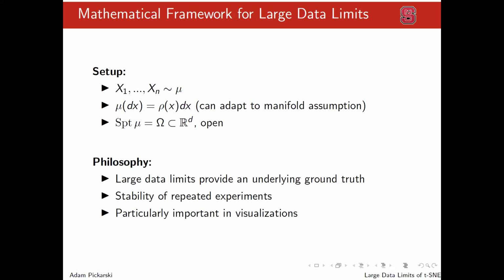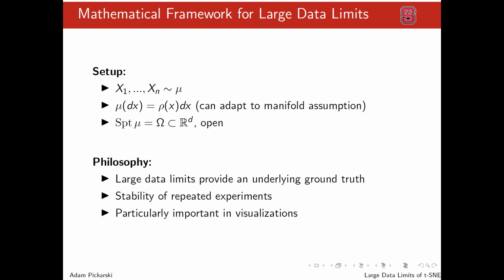In doing that, you can effectively say that the minimizers of the discrete problem are something like the minimizers of this continuum limit. This gives you a stability across experiments, because each time I do a statistical experiment, I'm essentially approximating this continuum limit. So variations between different data drawn from the same population, you would expect to give similar results.